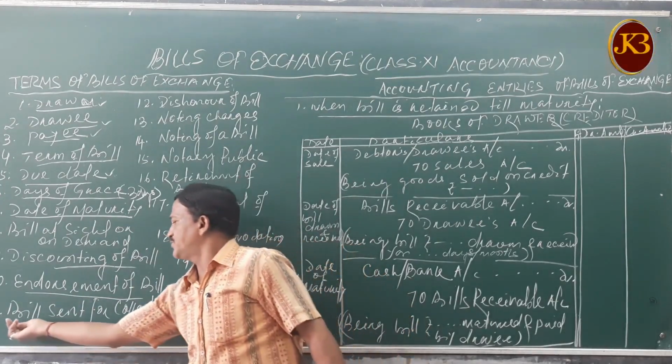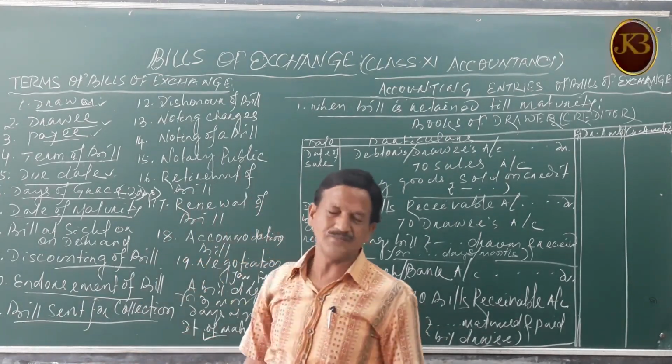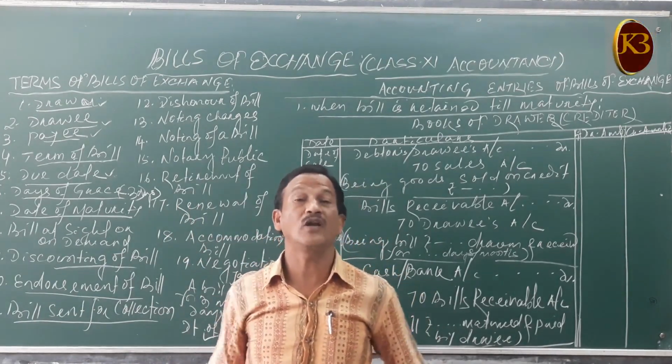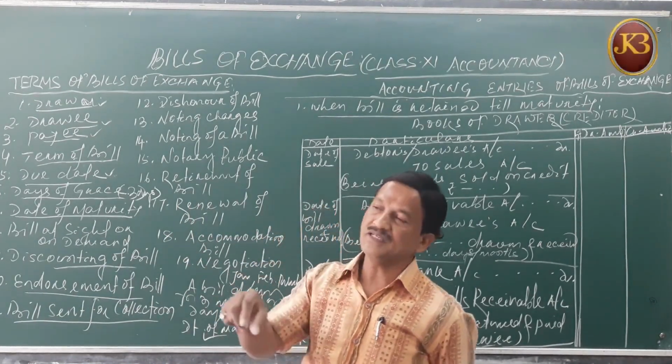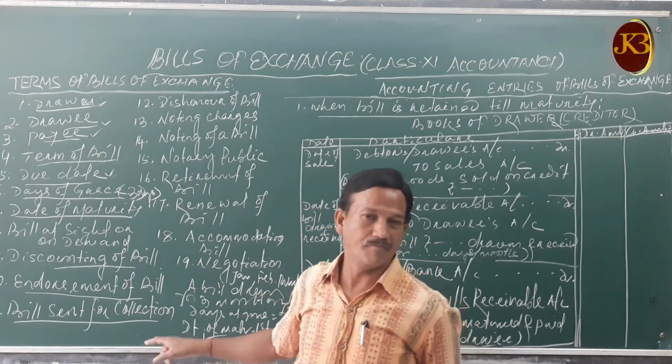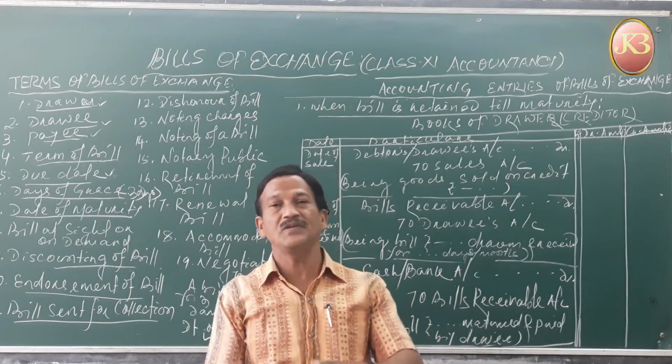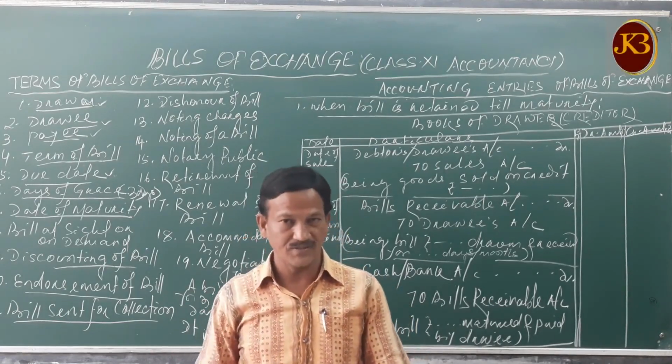Then bill sent for collection. Sometimes the drawer sends the bill to the bank for collection. The bill is deposited in his bank till the date of maturity. On the date of maturity, the bill is honored and received by the bank.